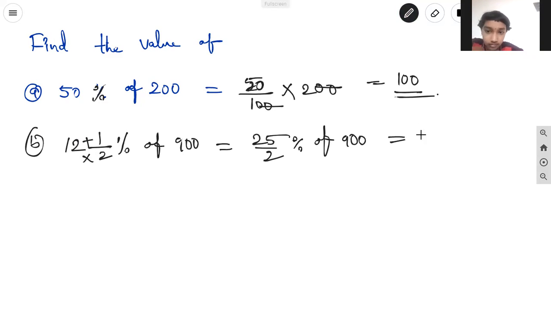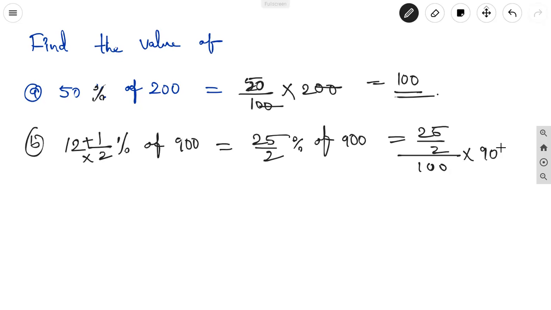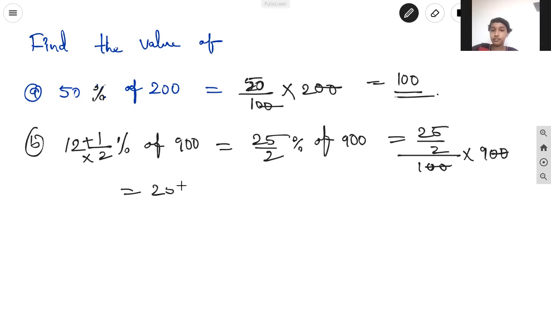That is equal to 25 by 2 per 100 into 900. These two zeros get cancelled. It is equal to 25 by 2 into 9. That is equal to 25 nines are 225 by 2.